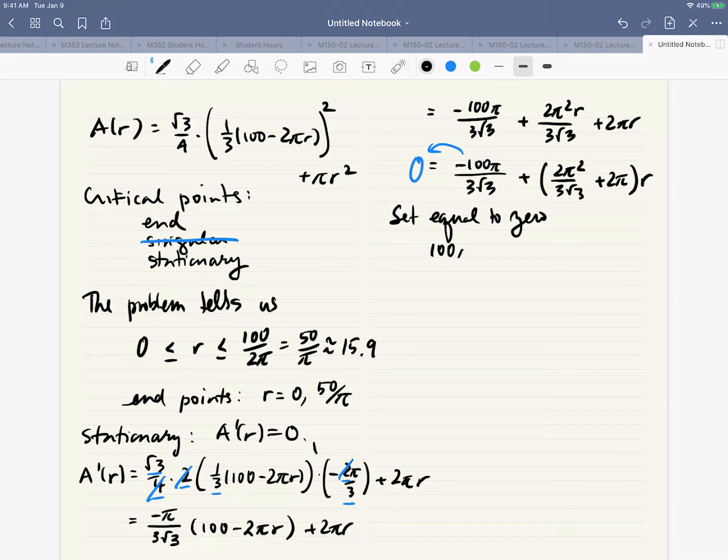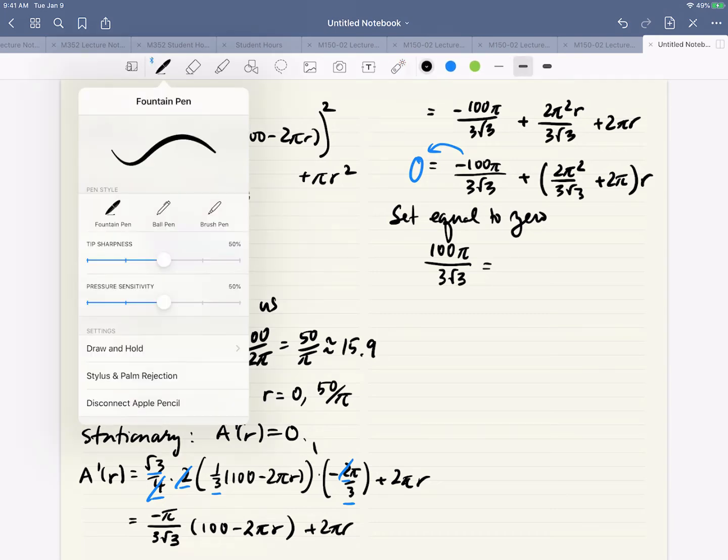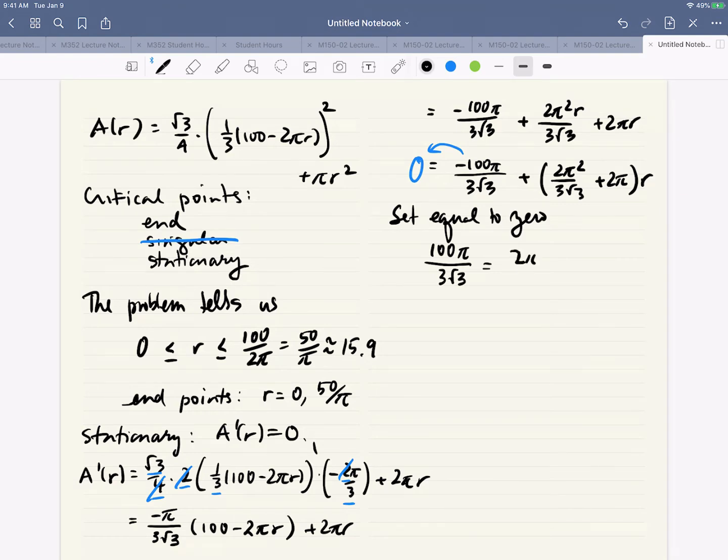So I get the equation 100 pi over 3 root 3 equals, now here I want to write this as a single fraction. So I'm going to multiply this 2 pi by 3 root 3 over 3 root 3. And I get 2 pi squared plus 3 root 3 times 2 pi all over 3 root 3 r.